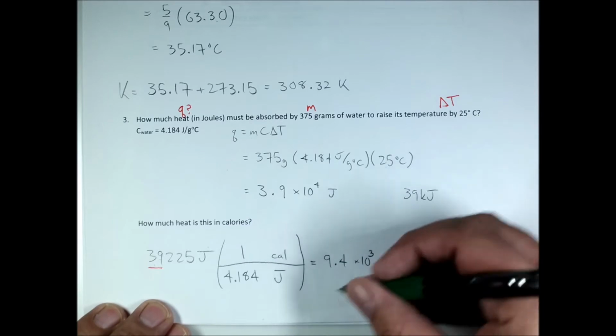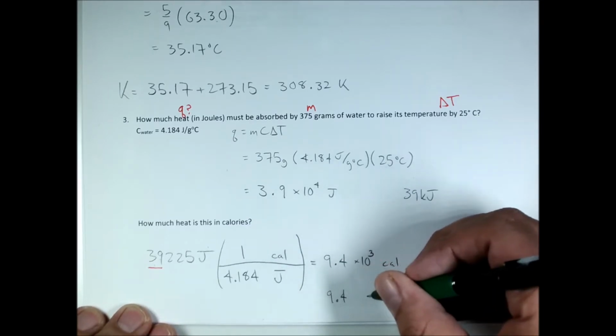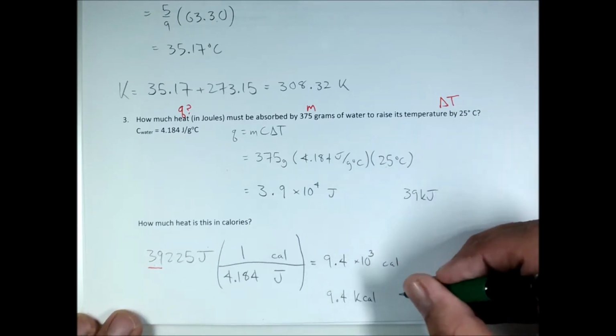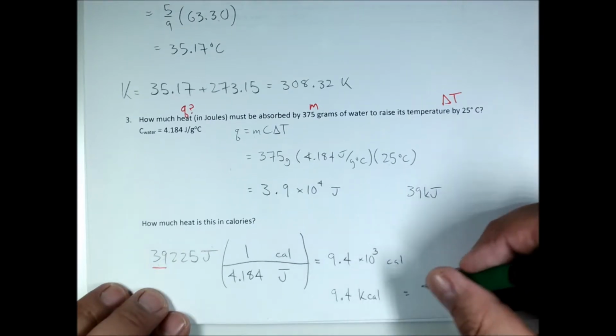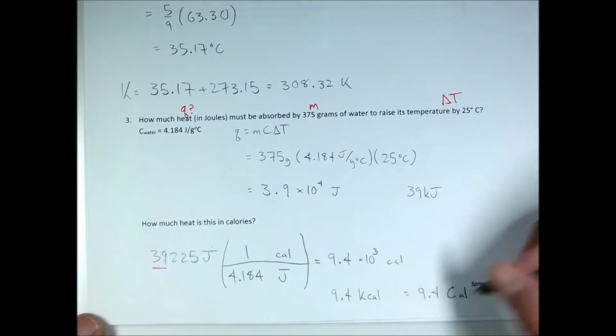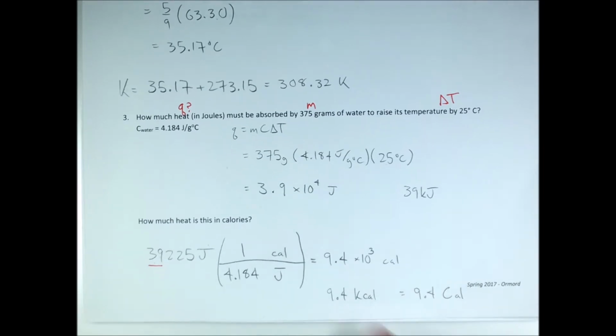And just like the previous example, I could say that this is 9.4 kilocalorie. How else could I say kilocalorie? I just put a capital C, right? So you could say 9.4 and then calorie with a capital C. Recall that the capital and lowercase mean something different. If it's capital C, that implies a kilocalorie, and we oftentimes call that a food calorie.